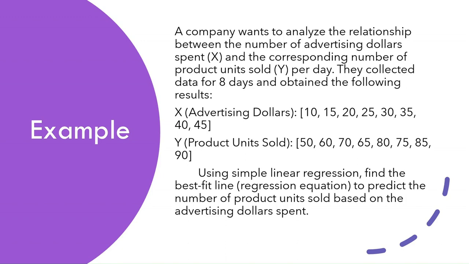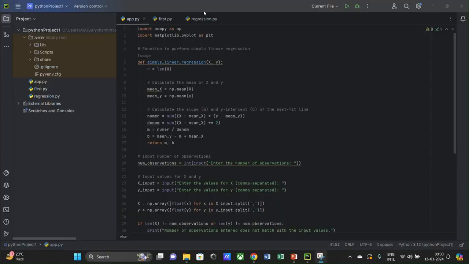So now let's go to Python and try to solve it. So now we are in Python. This is PyCharm Community Edition, and here we'll be performing our regression analysis. For that, we need to import some packages in PyCharm, that is numpy and matplotlib.